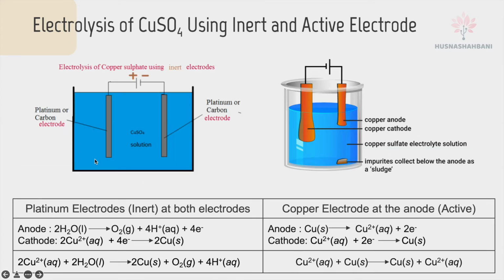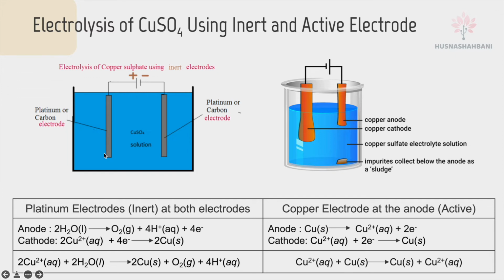Look at here. These two, the comparison that I made before, we use two of the same inert electrodes, platinum. Okay, both platinum, and we have CuSO4 electrolyte. In the electrolyte, we have Cu2 plus, SO4 2 minus, and you also have water.